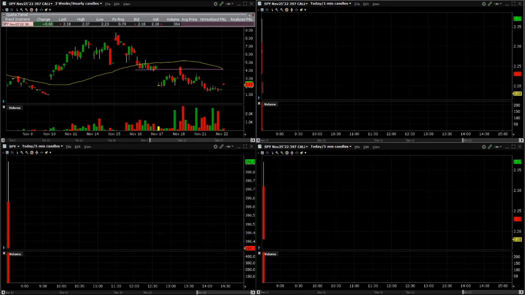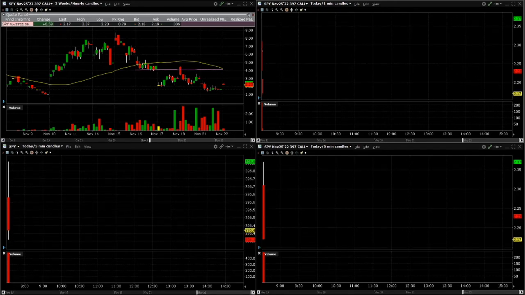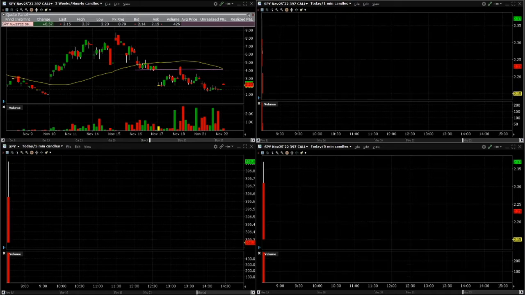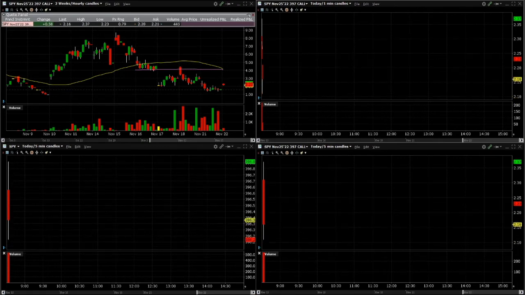So, a pullback on a red candle, a higher low on the next candle, and then the candle after that, I'm going to look for the opening price of that candle compared to the closing price of the previous candle.